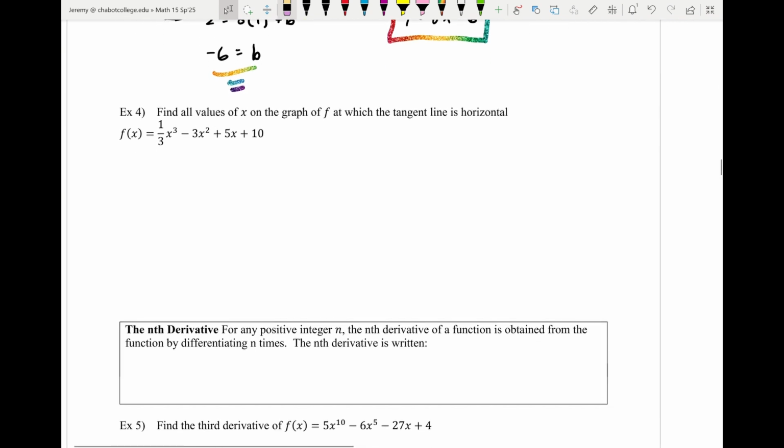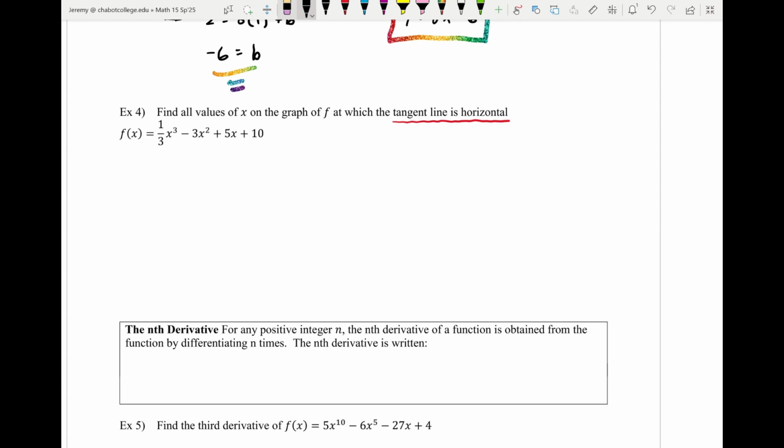Example 4, this is a really common calculus problem. Find all the values of x on the graph of f, this given cubic function, at which the tangent line is horizontal. So we want to find where we have horizontal tangent lines.